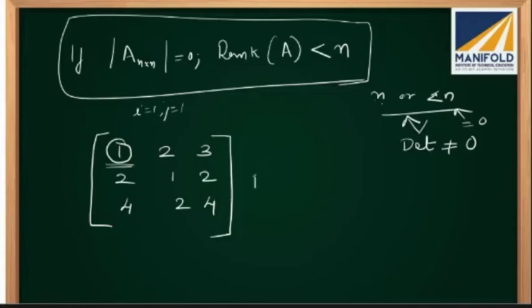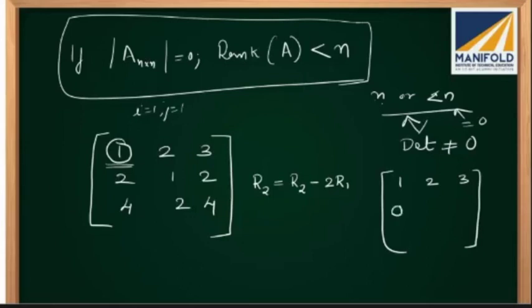So if I change row 2 to row 2 minus 2 times row 1, what happens? Row 1 is not touched here, so row 1 remains the same, that is 1, 2, 3 itself. Row 2 is changed to 2 minus 2 times 1, that is 0. Correct?